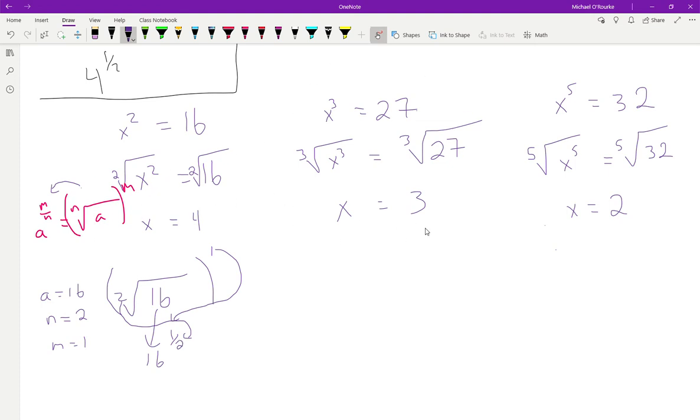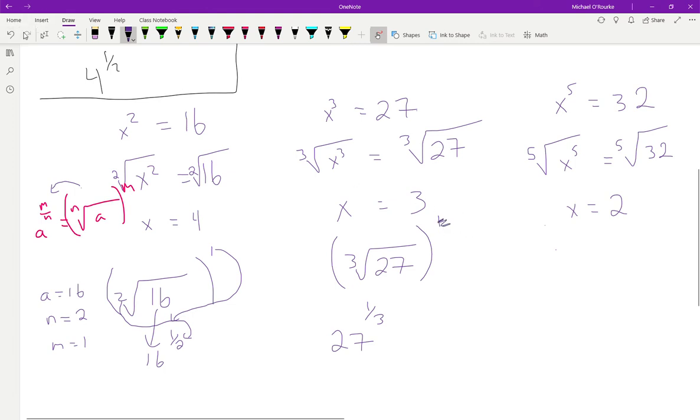So let's look at this one. If we look at the cube root of 27 to the power of 1, and we transform it into a power, it's 27 to the power of 1 over 3. Okay, because this is our m value.